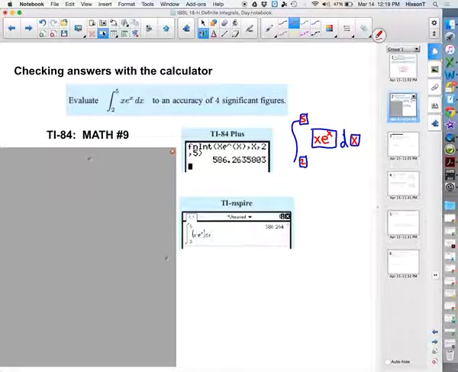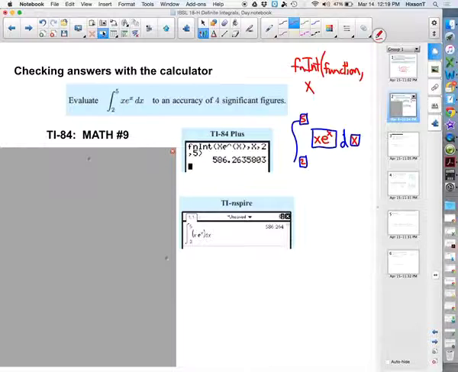So here, if your firmware just gives you this, you need to type in the function. In the parentheses, you have your function, so you need to put in whatever that is. After that, you'll need to put in x, because that's what you're finding the integral with respect to.